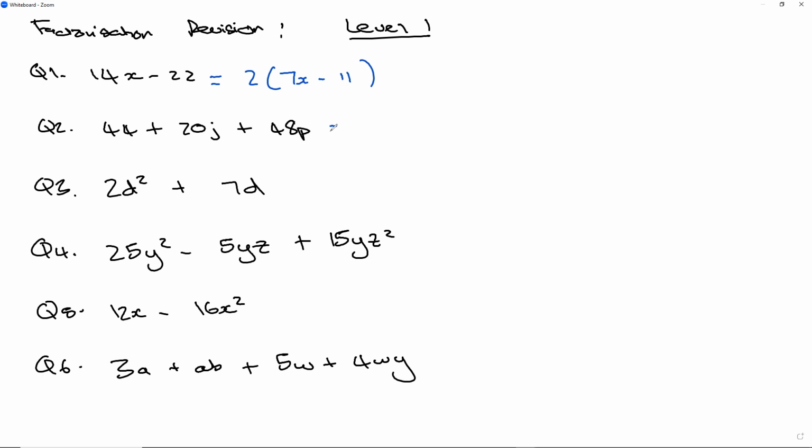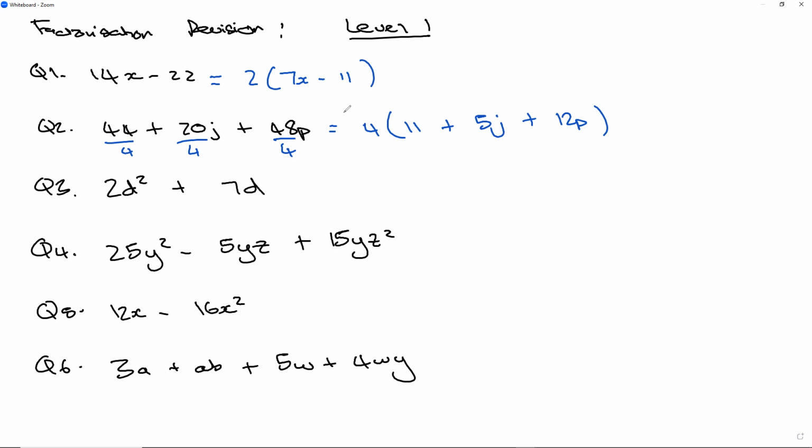The next one, I can divide by 2, getting 22, 10, and 24. But if I divide by 4, I'll be left with 11 plus 5j plus 12p.